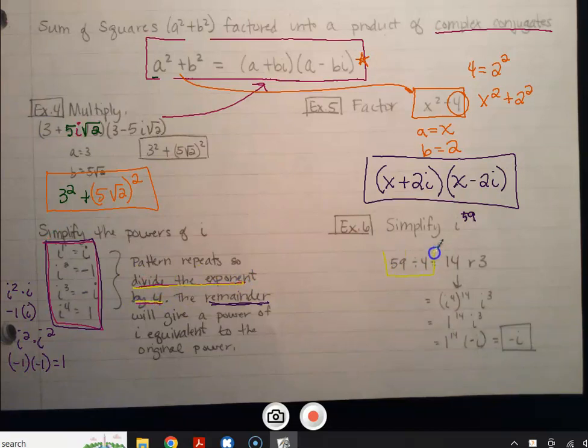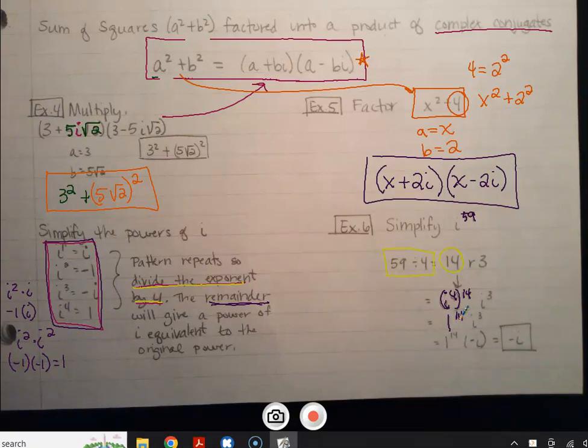The exponent was 59. 59 divided by 4 was 14. So what that is saying is that we have i to the power of 4, 14 times. But remember, i to the power of 4 is 1, so it doesn't matter. That's always just equal to 1.